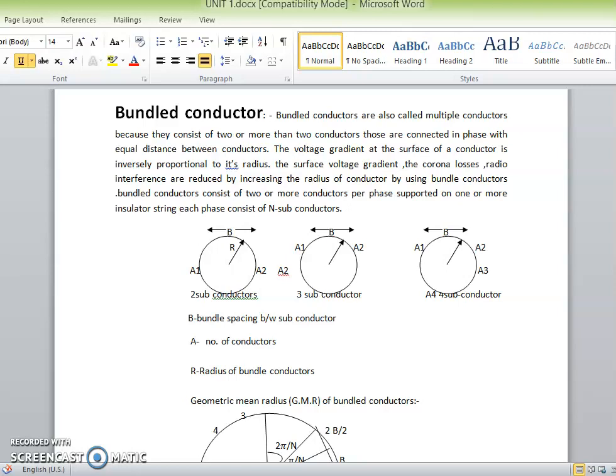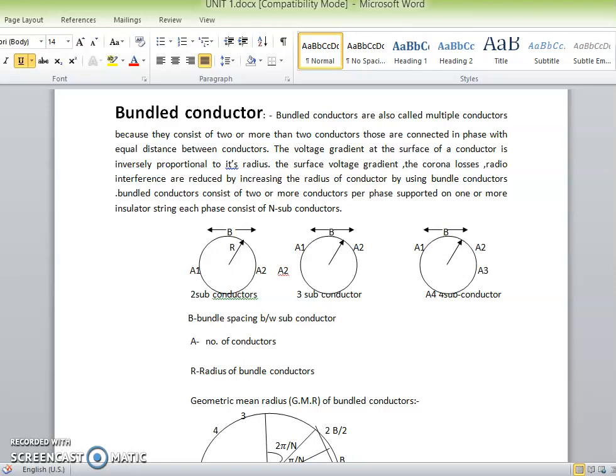Some main important advantages are reduced reactance, reduced corona loss, reduced surge impedance. So thereby, by using the bundle conductor, it can transmit maximum power.